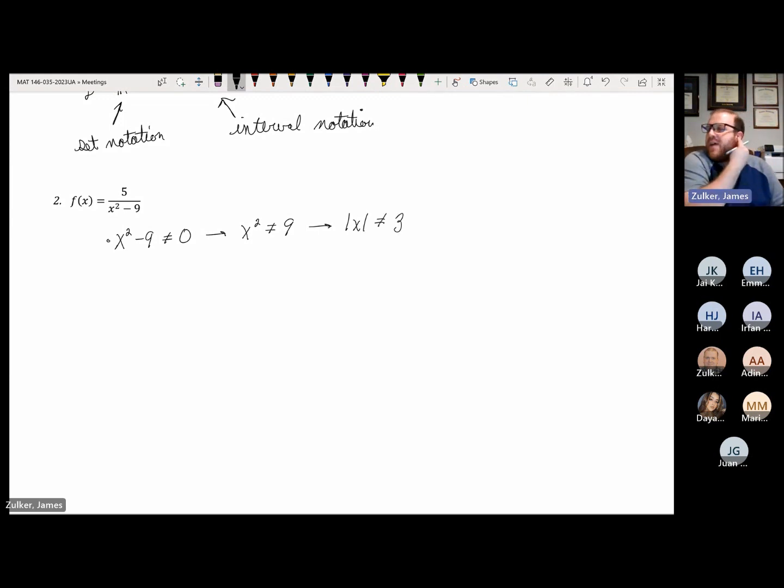That means the absolute value of x cannot be 3. x can't equal negative 3, and x can't equal positive 3. All right, so that's the symbol for and.